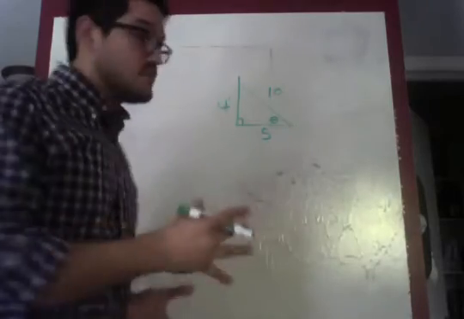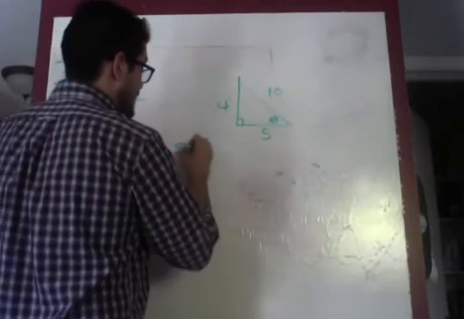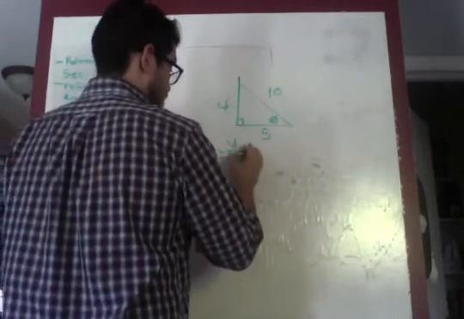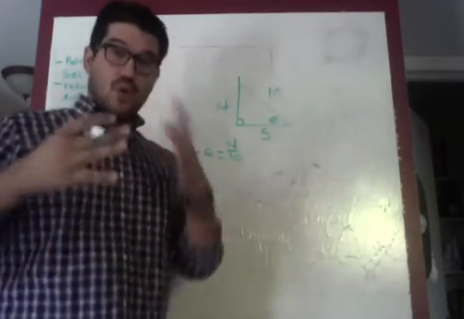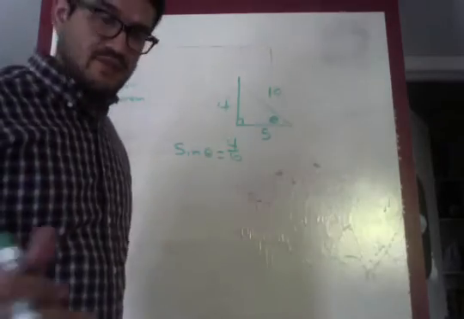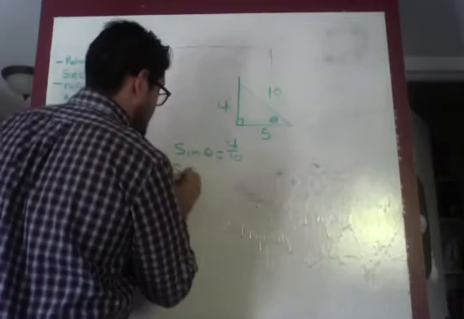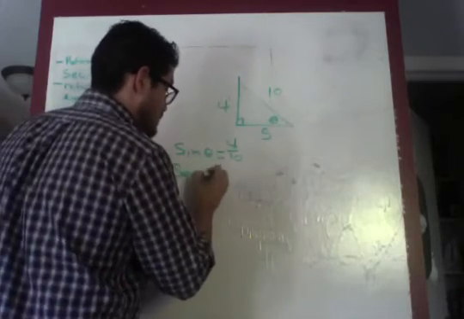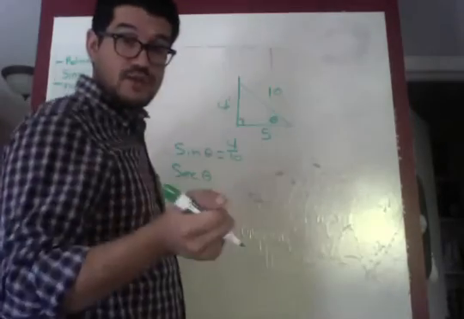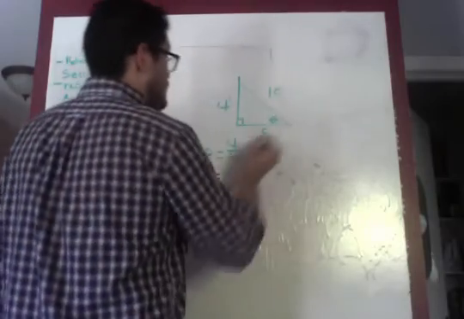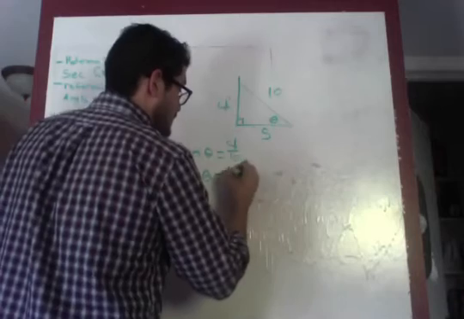One of the possible options could be sine of the angle equals 4 over 10, opposite over hypotenuse. Or one of the answers could be secant instead, which is the reciprocal of cosine, and that would equal 10 over 5.